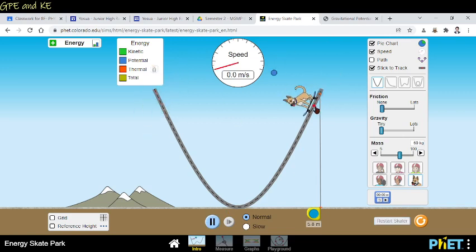Oops, it falls down. And mass also affects the potential energy. Let's see. If I change the mass, small dot now and big dot there, the potential energy is changed. So potential energy depends on three things: the mass, the gravity, and the height, the position of the dot.